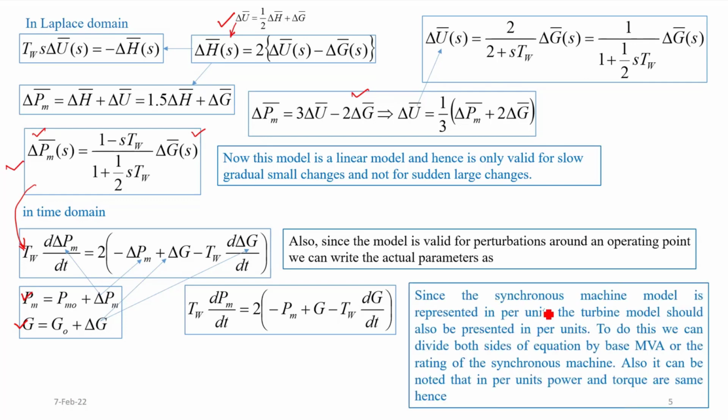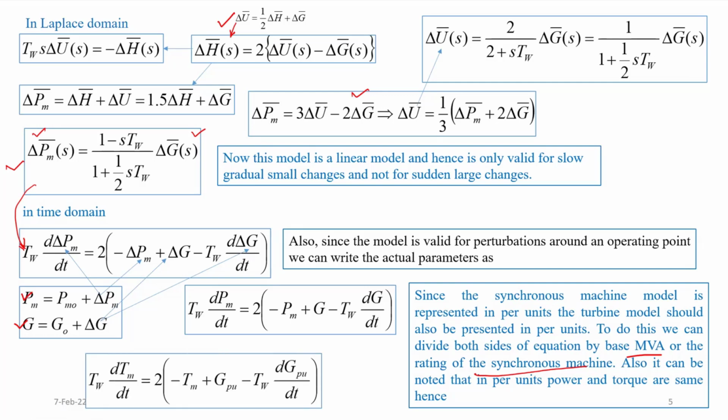Since the synchronous machine model is represented in per unit, the turbine model should also be presented in per unit. To do this, we can divide both sides of the equation by the base MVA, or the rating of the synchronous machine. It can also be noted that in per unit, power and torque are the same. Therefore, I can write this in terms of torque.